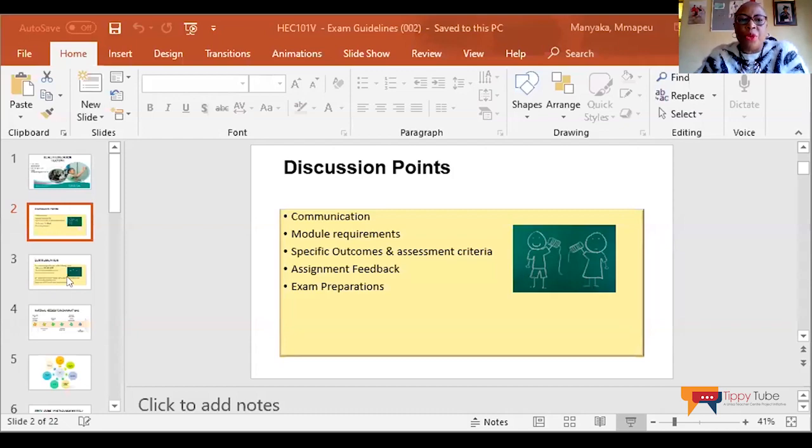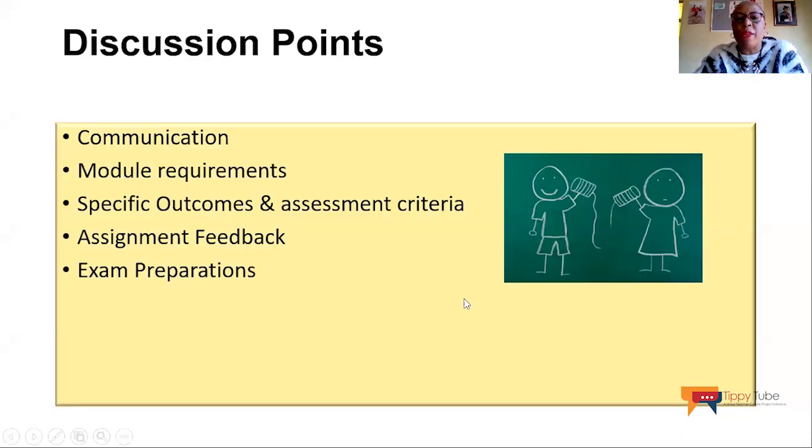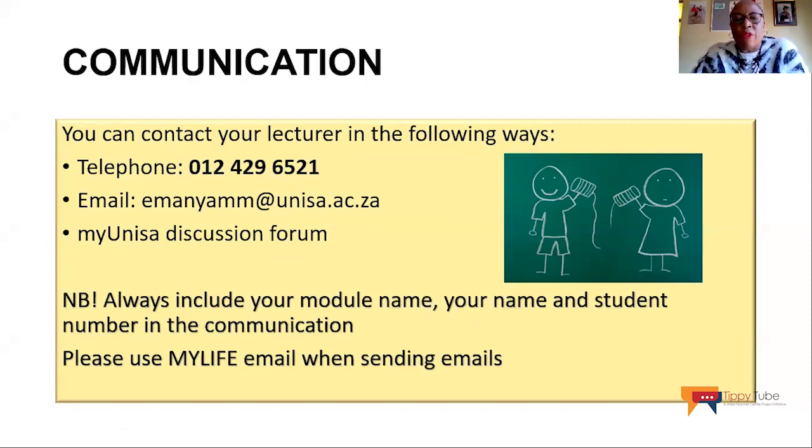When it comes to communication, I'd like to advise that when you communicate with us, or with me in particular as your lecturer, use the following numbers: 0124296521. My email is emanya@unisa.ac.za, as you know.